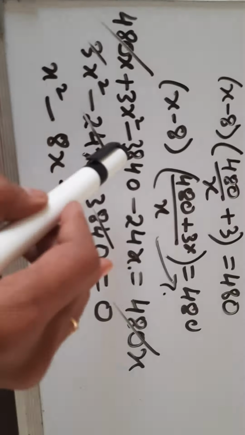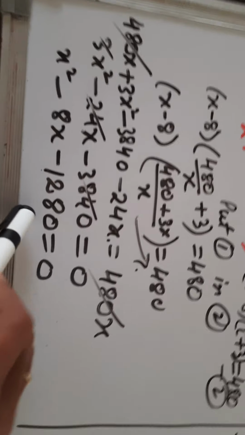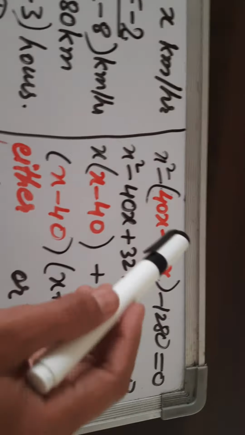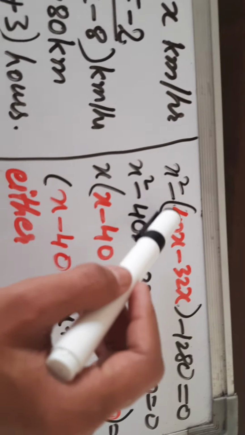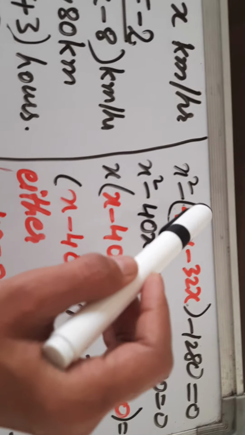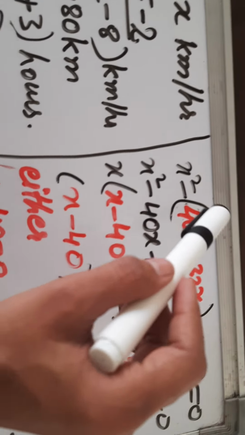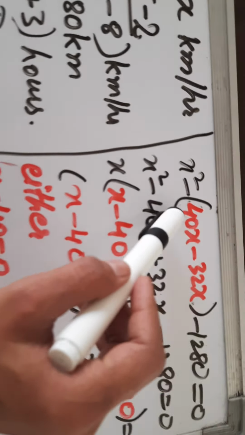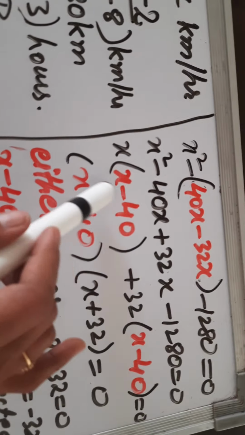Now by prime factorization of this number we'll get many factors, and from there we'll make the pair, and we can see that by subtracting 32 from 40 we'll get 8. So we'll take 40x minus 32x, because as you can see, outside the bracket a negative sign is there, so do not forget to put this bracket, and when you open the bracket the sign will get changed.